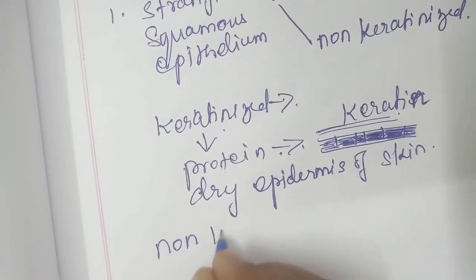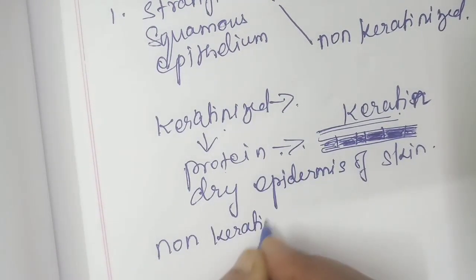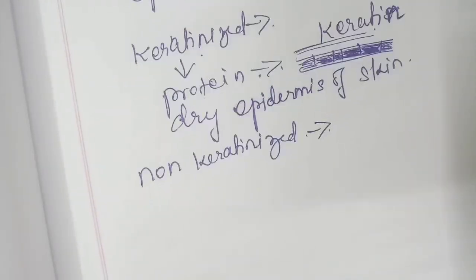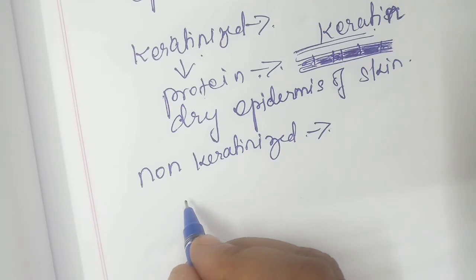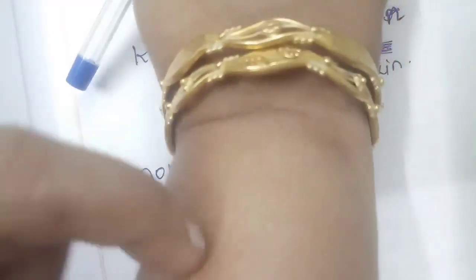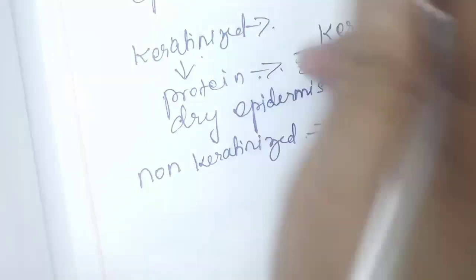Non-keratinized means moist lining. Keratinized means dry, because the superficial layer is dead cells.